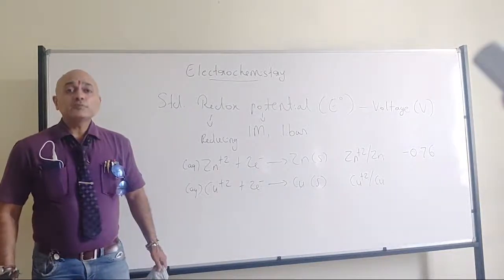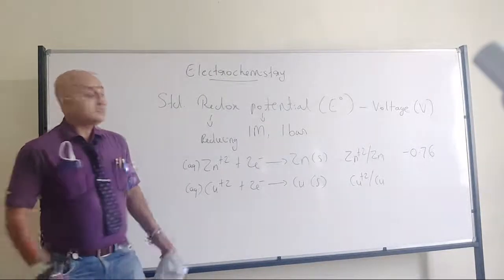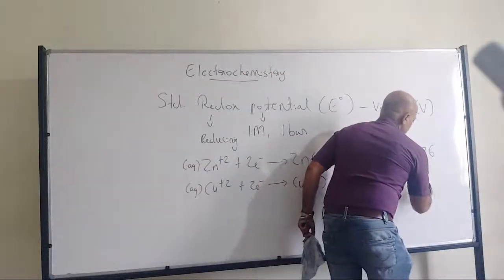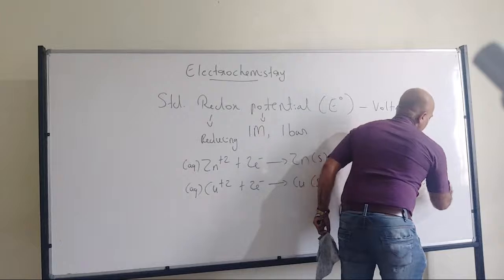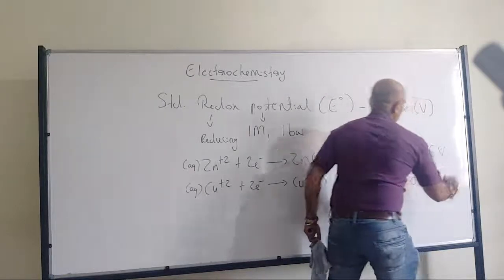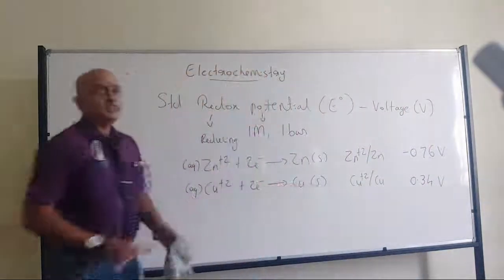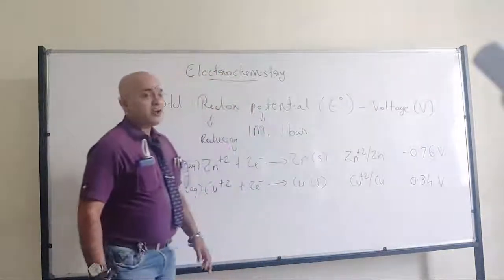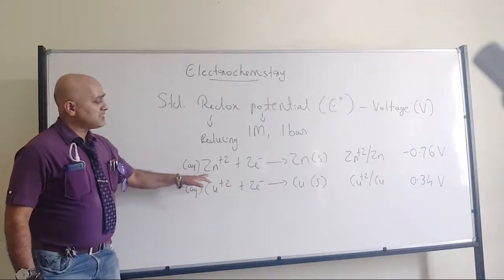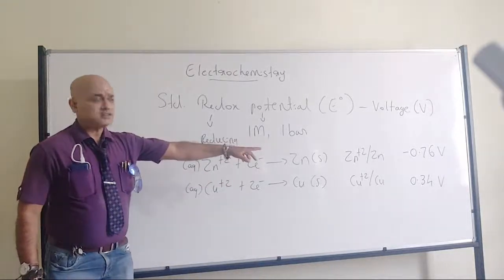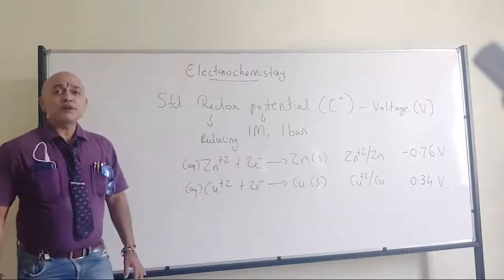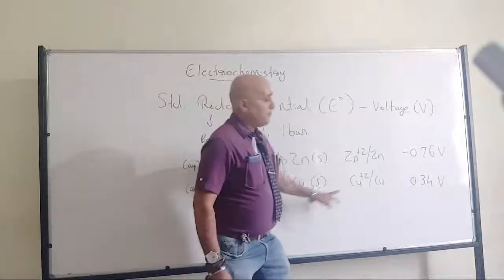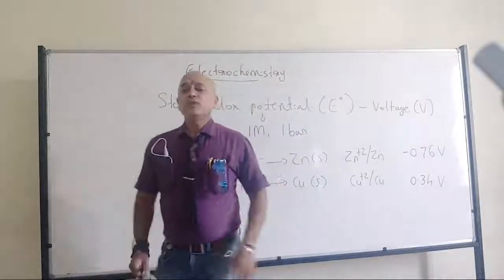When I talk about copper, once again an approximate value, somewhere around 0.34, expressed in volts. So the reducing potential or redox potential for the zinc 2 plus/zinc redox couple is minus 0.76 volt, and for the cupric ion becoming copper, it is 0.34 volt.